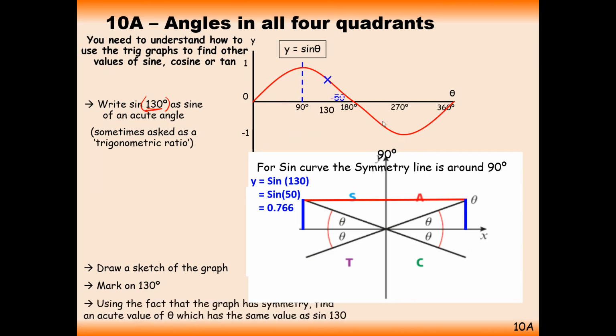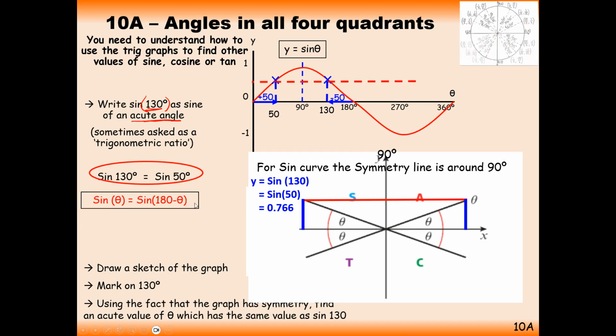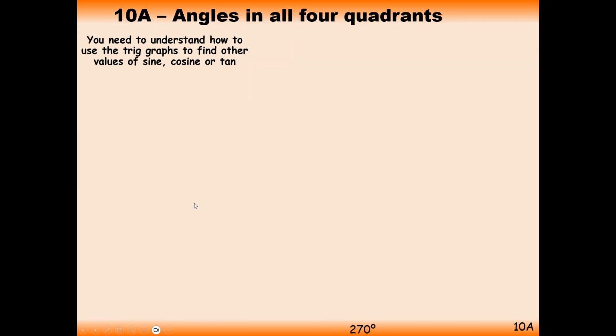Acute angles are less than 90 degrees, so the acute angle we want is 50. I'll put it in this box here. If it's not clear, these two sines are the same. Remember this rule we just discussed.